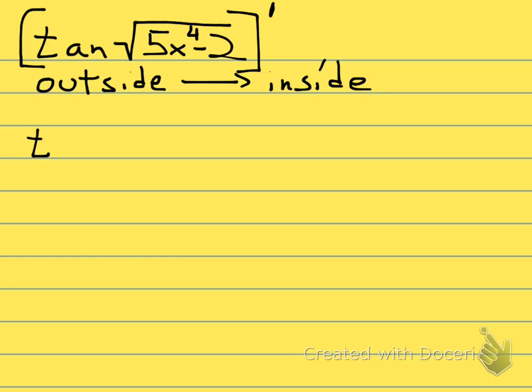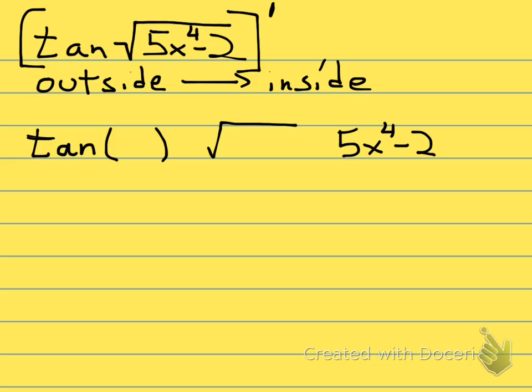So I have the tangent of something. I have the square root. And then I have my inside, which is 5x to the fourth minus 2. So that's what I have as far as all this function goes.